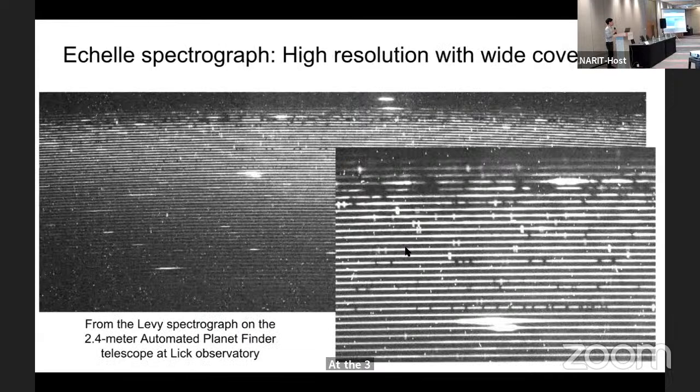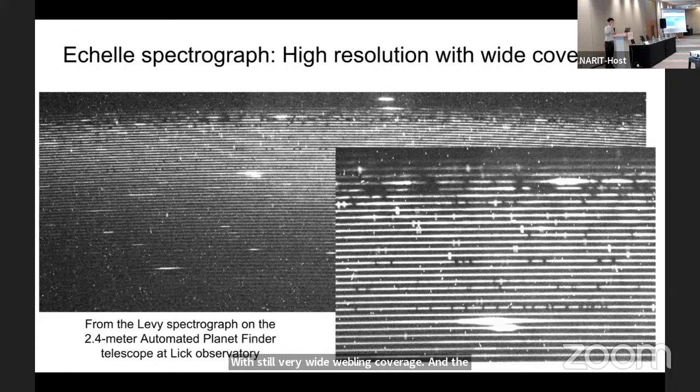I mentioned these high orders overlap, and this can actually be used in this type of spectrograph called an echelle spectrograph. And this is used to make high resolution observations with still very wide wavelength coverage.